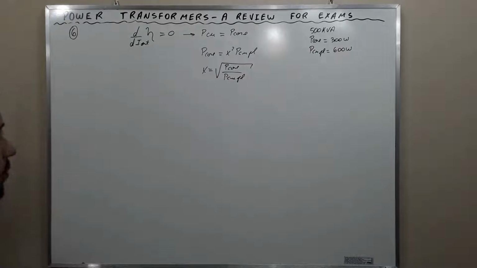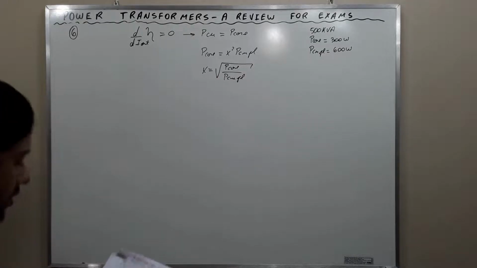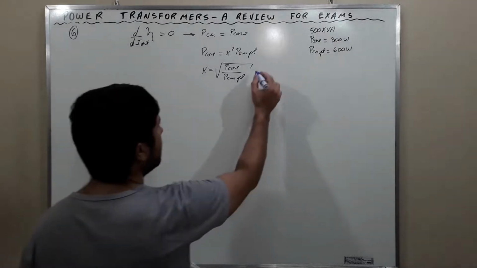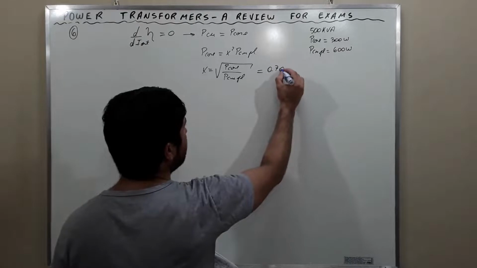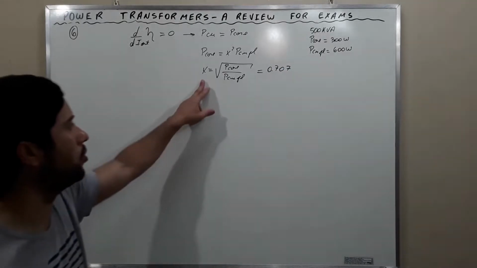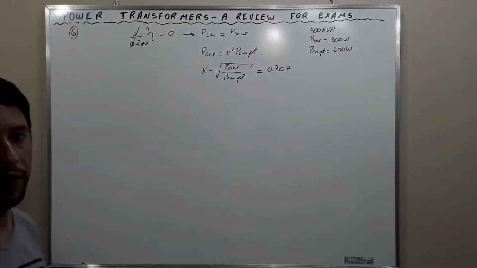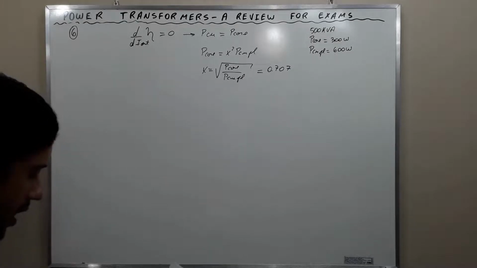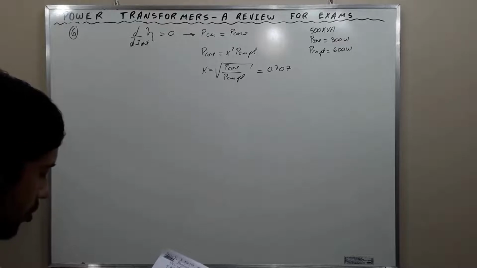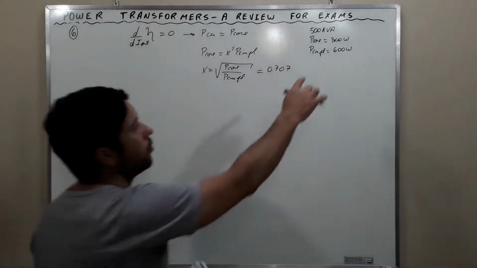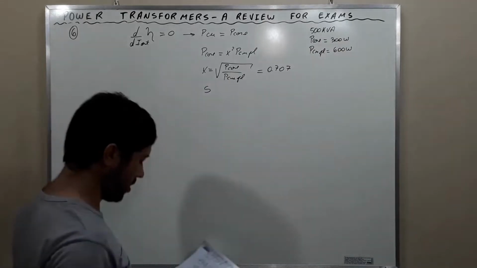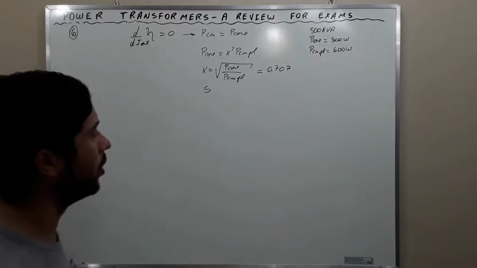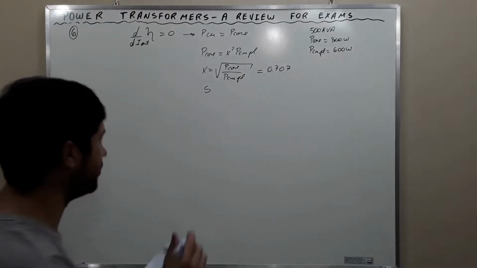If we use the values 300 watts and 600 watts, we find a load level of 0.707. This is the load factor that represents maximum efficiency, and we simply multiply by the power rating of the transformer to get the apparent power for maximum efficiency.